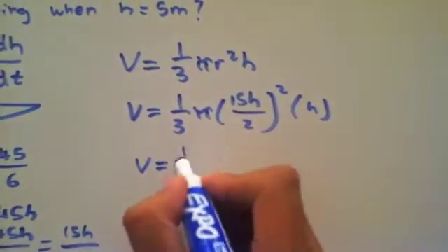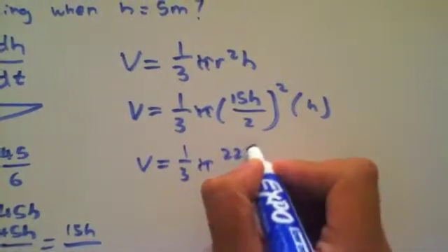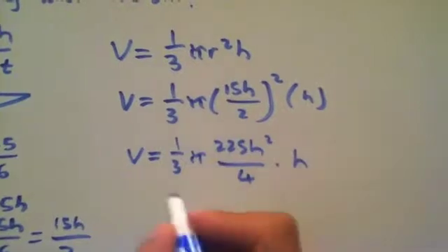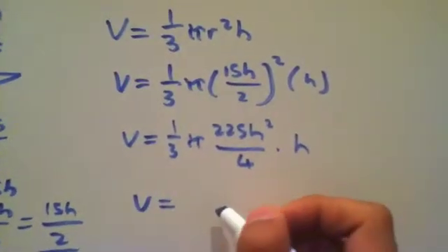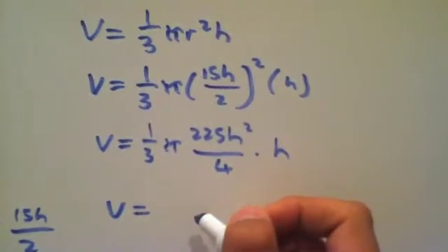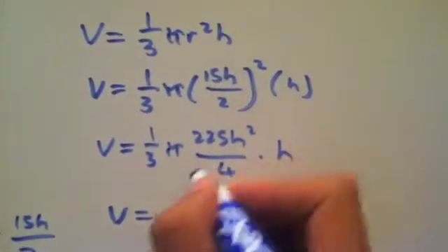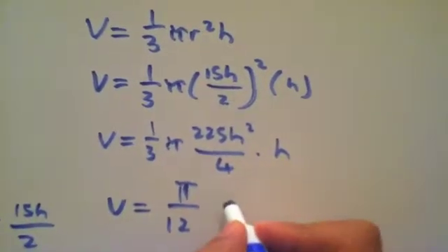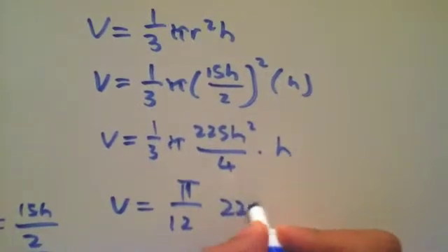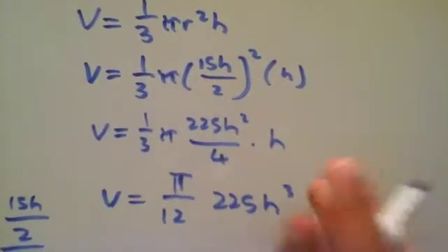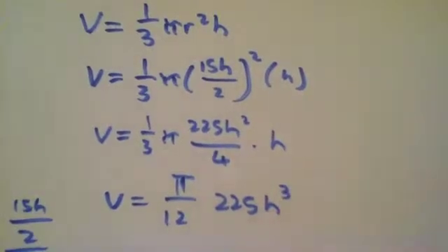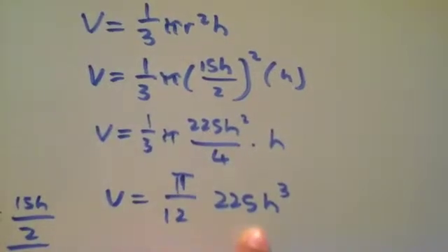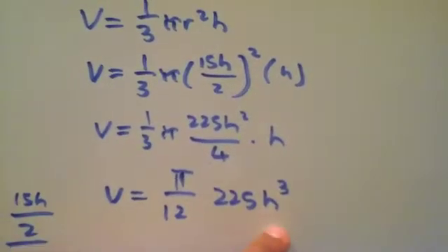If we square that, we get 1/3 pi times 225h squared over 4 times h, giving us V is equal to pi over 12 times 225h cubed. So now we have the volume using just one variable, h.